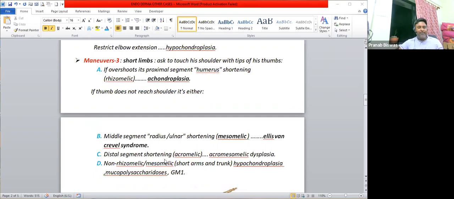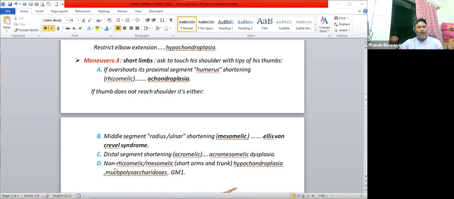Now distal segment shortening: we have just seen the bones. The humerus and radioulnar length are normal, but the hands and fingers over this area are short. That is sometimes acromelic dysplasia, or acromesomelic dysplasia.